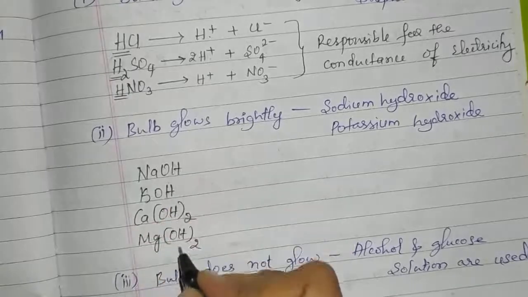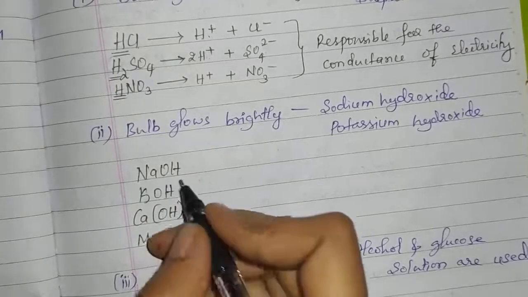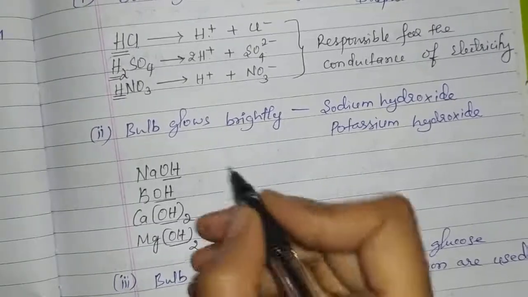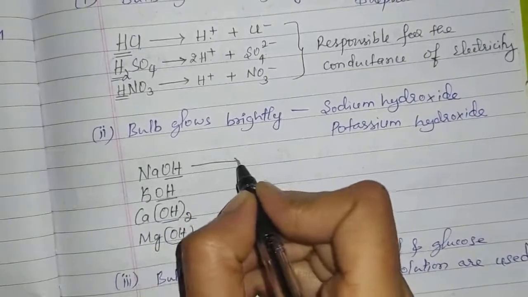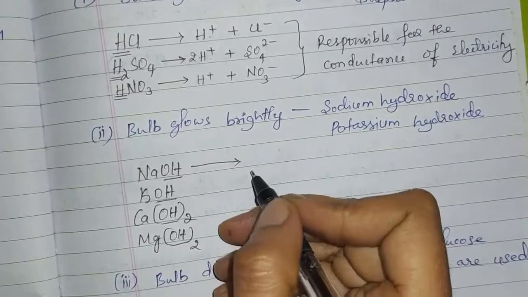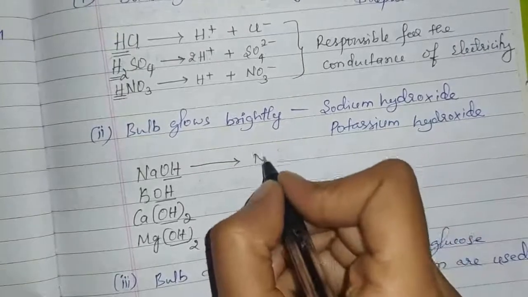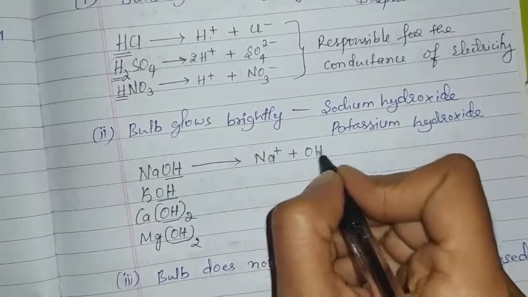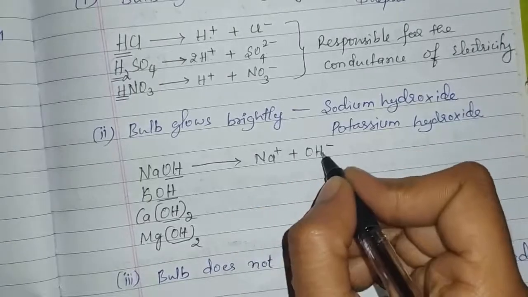If you see here, in all the bases the OH ion is common. When sodium hydroxide undergoes ionization, it releases sodium cation and OH minus ion. This one is known as the hydroxide ion.